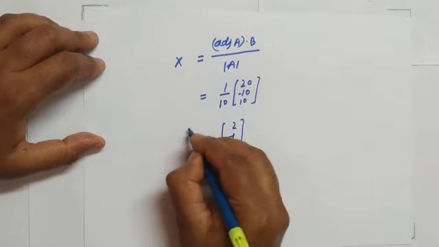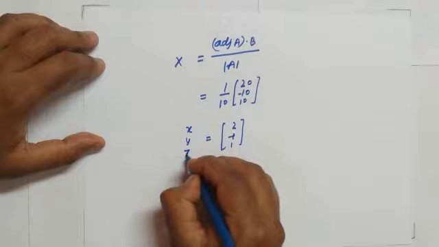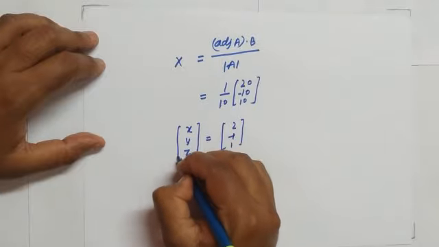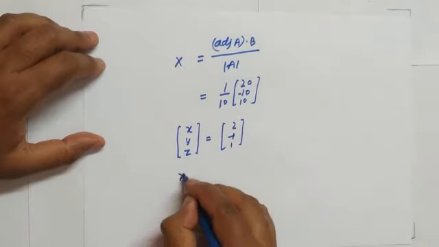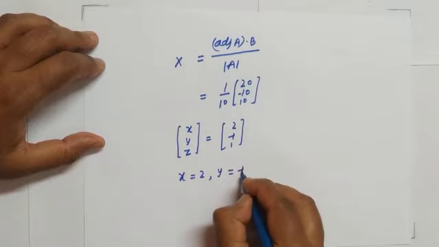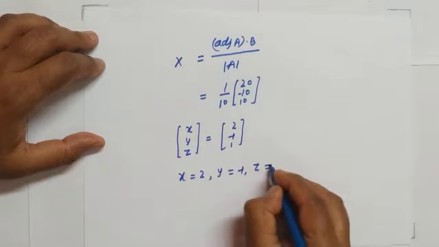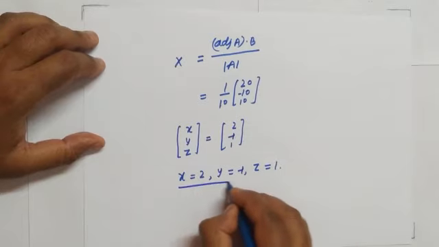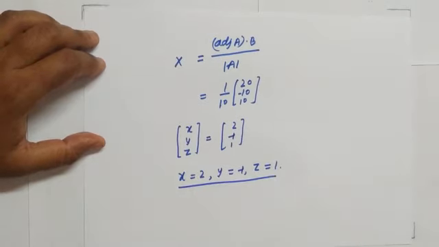Now what is x? X, y, z. What are the values of x, y, z? X is equal to 2, y is equal to minus 1, and z is equal to 1. These are the values of the variables.